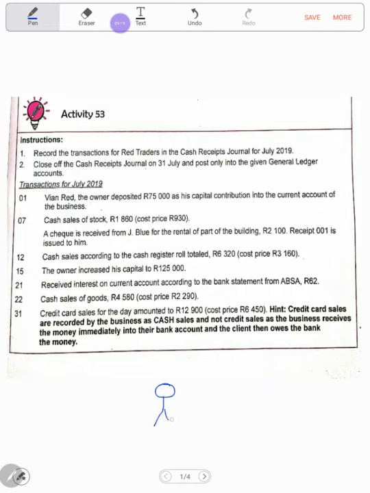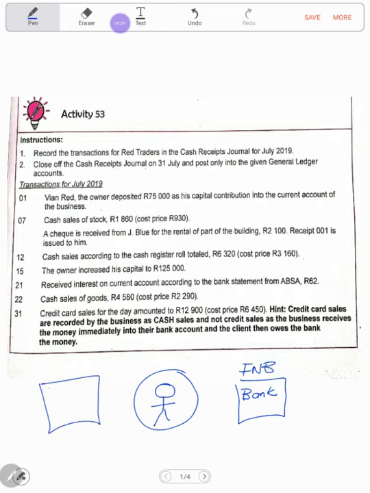So let me just explain that again. This is you. Alright, and we have the bank. Let's say it is FNB. And we have Red Traders, the business. So you, the bank FNB, has issued you with a credit card.